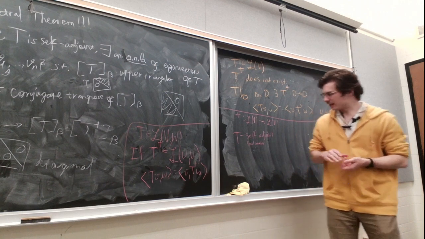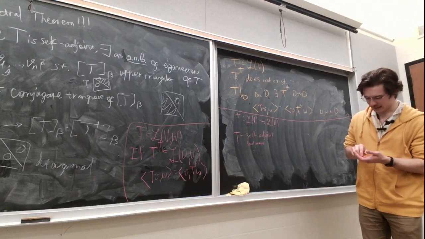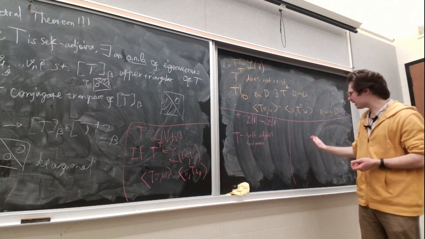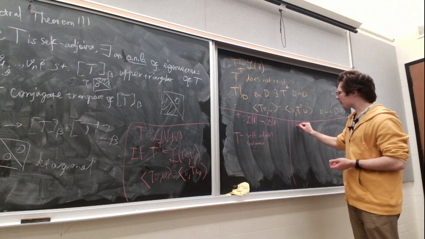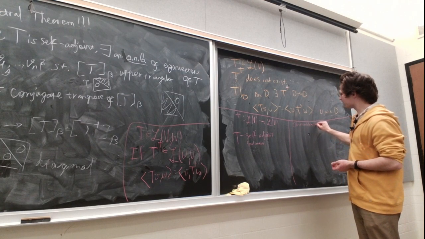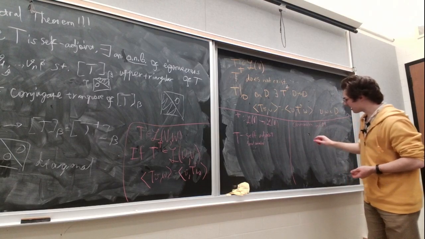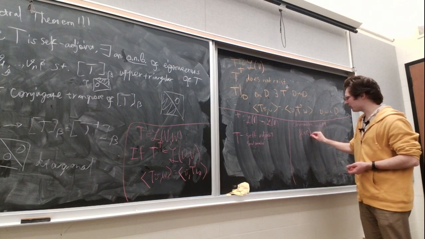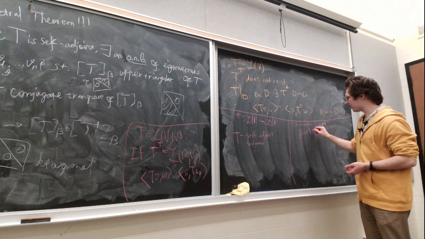Do you agree? And this is what you have in classical mechanics, right? In classical mechanics, observables are some functions of position and momentum that output a real number.